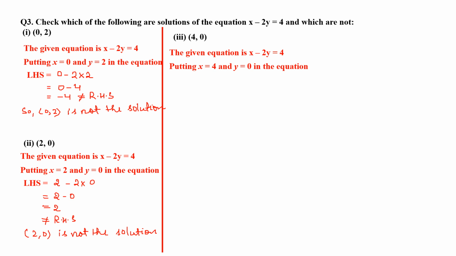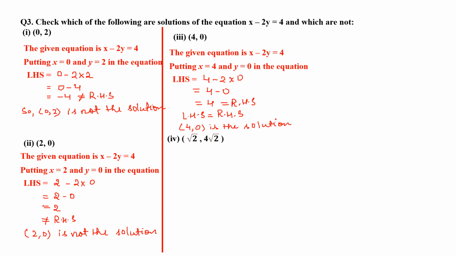When I put x as 4 and y as 0 in the given equation, my LHS will be 4 minus 2 into 0, which will give me 4 minus 0, finally 4. Now it is equal to RHS. So here LHS is equal to RHS, isn't it? So from here I can say (4, 0) is the solution of the given equation.